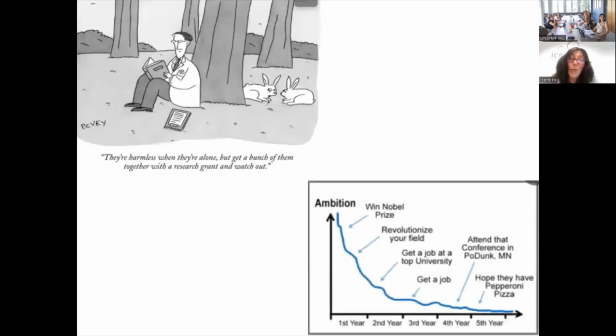And also this trend, which shows the trend of postdoc researchers after the first year. The first year they want to win the Nobel Prize, and then the fifth year they just hope they have pepperoni pizza in the convention. So don't let your ambition go down. Keep yourself motivated and go for a proposal.